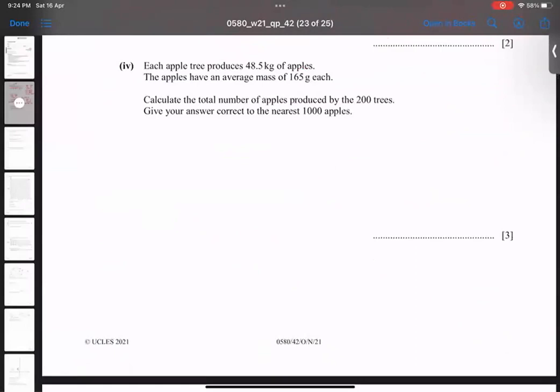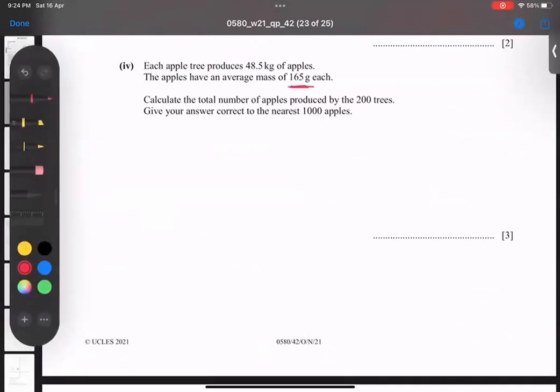Next part, he's saying each apple tree produces 48.5 kilos of apples, right? An apple has an average mass, like one apple mass is this. Total, how much is the mass produced from one tree? Make sure each tree is this much.